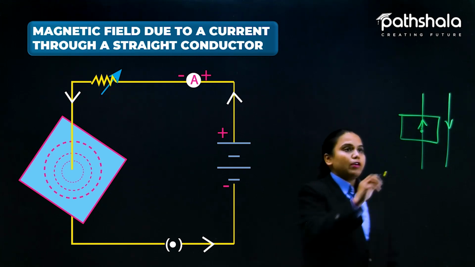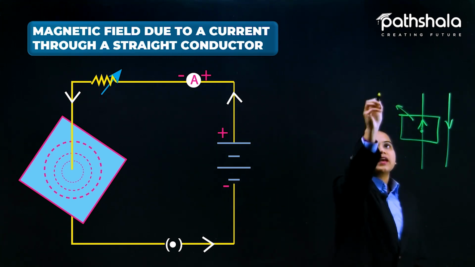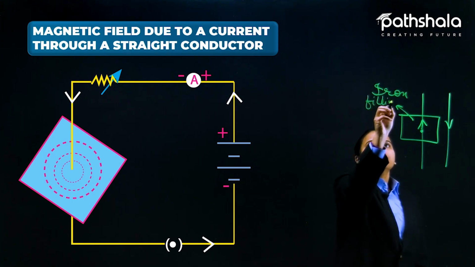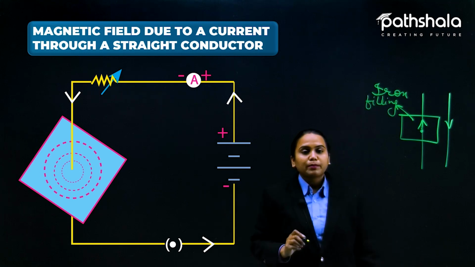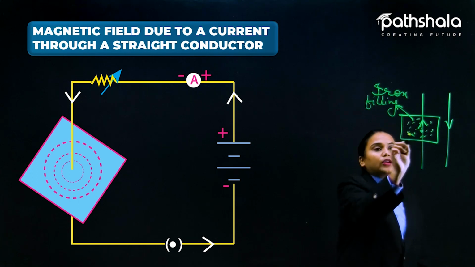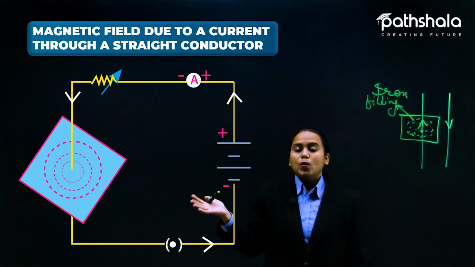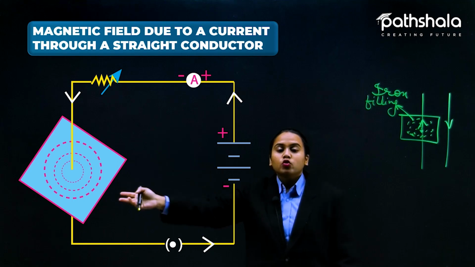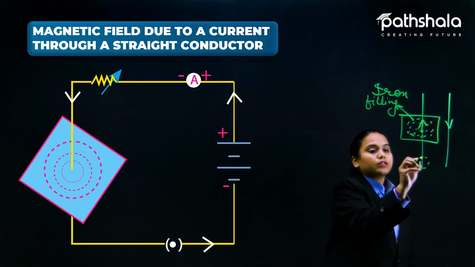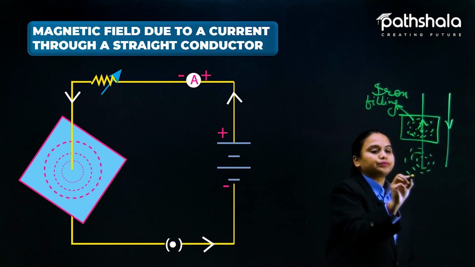Let me tell you, if we sprinkle iron filings here, I have told you the iron filings example before. If we sprinkle iron filings here randomly like this, but when we kept the current on, they are going to arrange themselves in concentric circles like this.